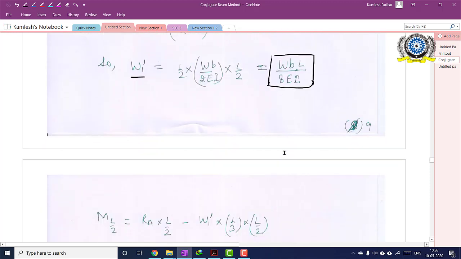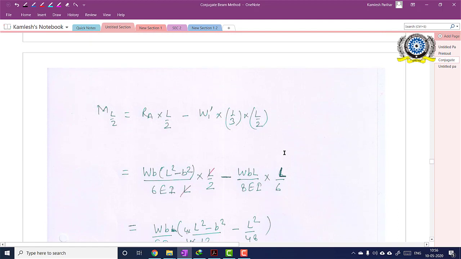Now finding the moment at the center. How will you find the moment there? Very simple. I again make the model just to make it clear to you. This is reaction RA, and this is the point at distance L by 2, and this is the portion of load which is acting, that is W1 dash.